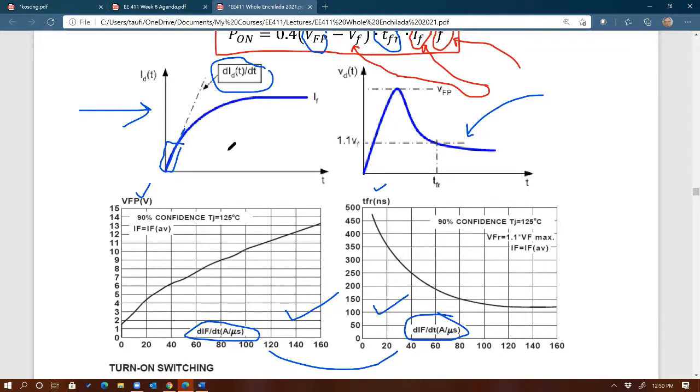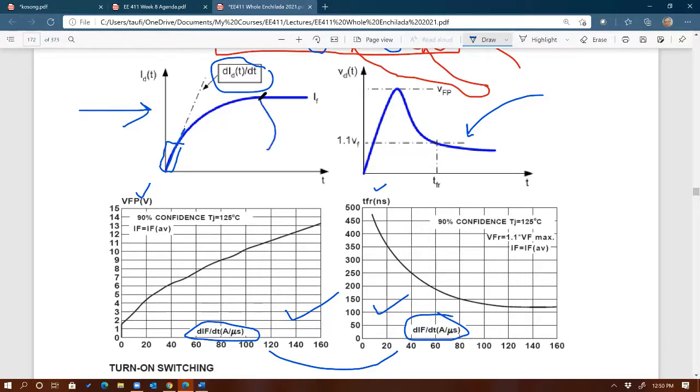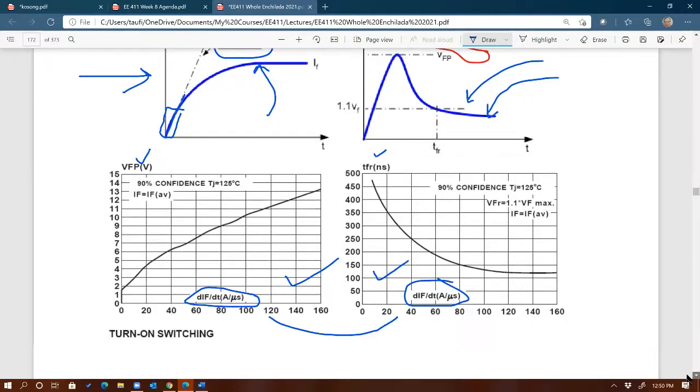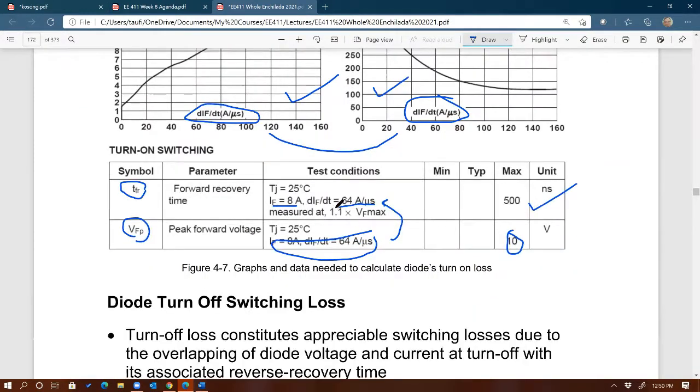Wait, and that was given by the table, right? The table above, like the amps per second. No, this is not given. This is a curve that you have to measure yourself, that you capture yourself on the scope. The one that's given by the table is only true under a certain condition.